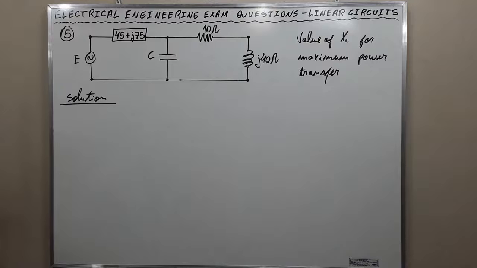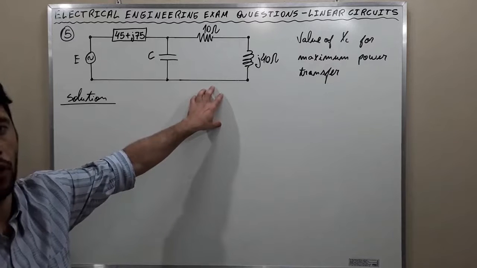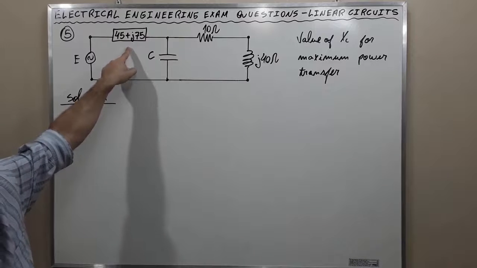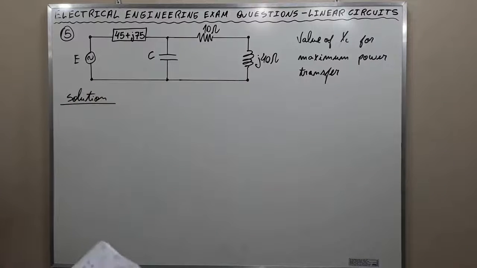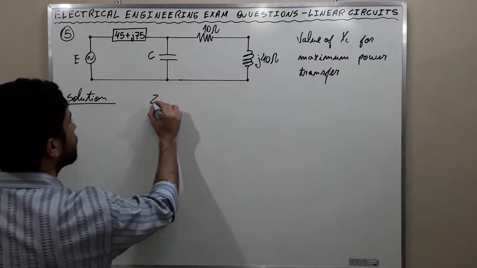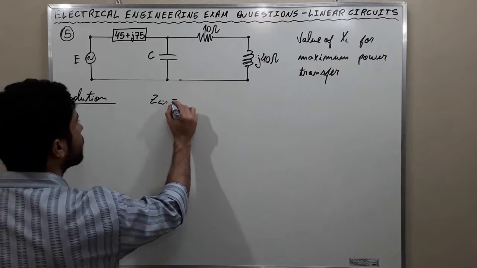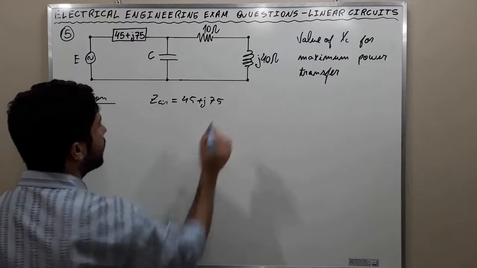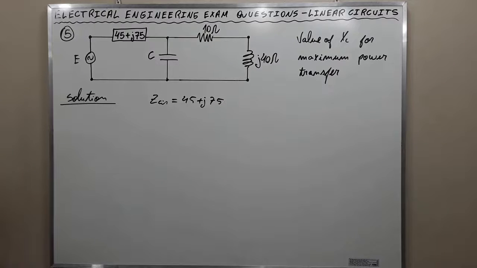For maximum power transfer, the impedance of the load has to be equal to the complex conjugate of the impedance of the circuit.